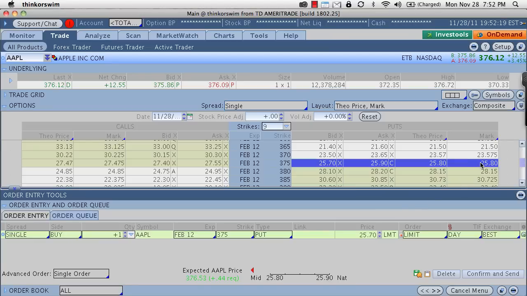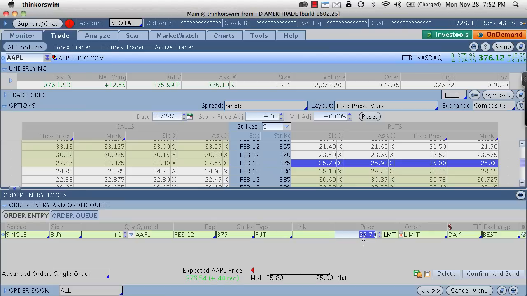Now if Apple's option gets down to that price, this order will execute if there's another trader. But let's just say that Apple's option continues to go up in value. So it goes from 25.80 all the way up to 26. Well, since this is a limit order and you're limiting the price that you want to get into the security, then you're actually not going to get filled at that price. It's got to come back down and hit your limit price.